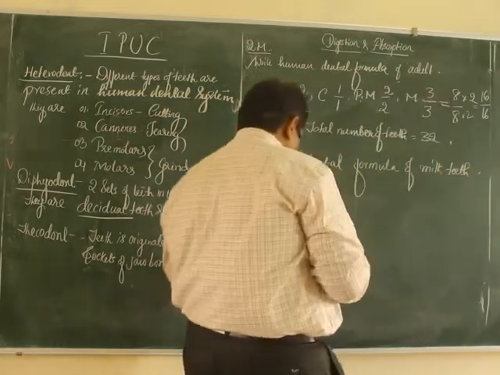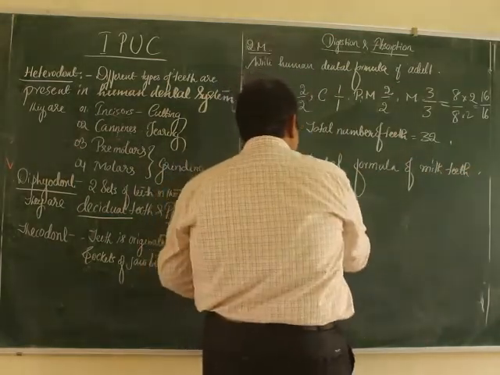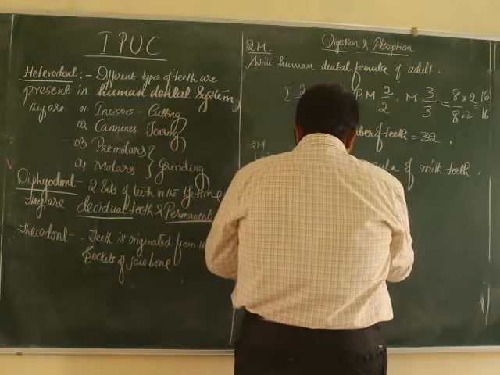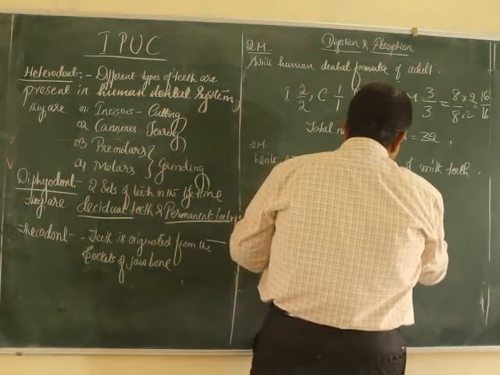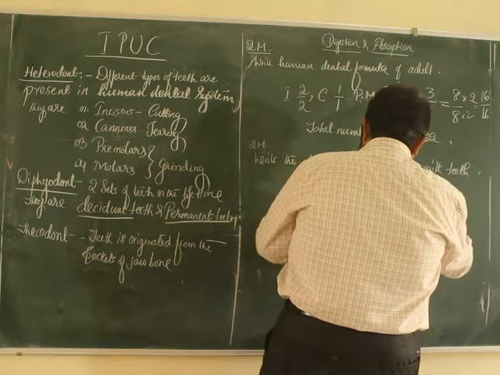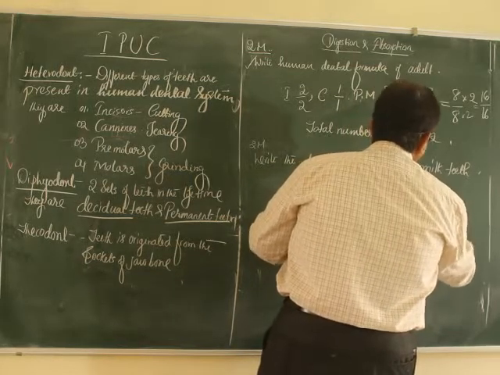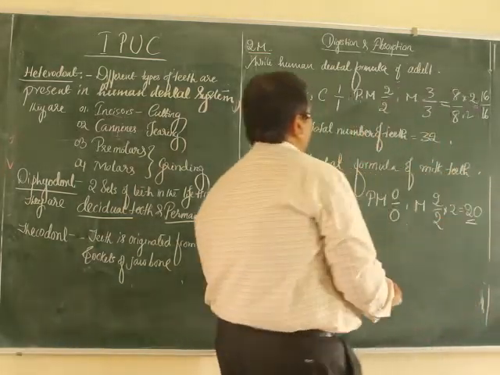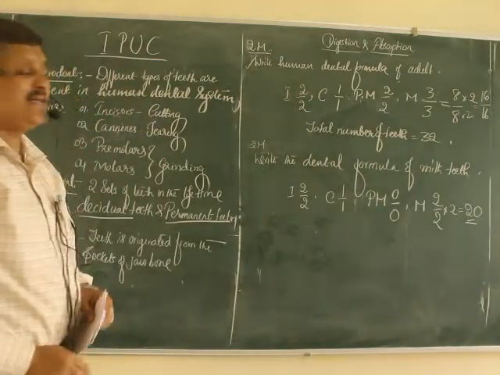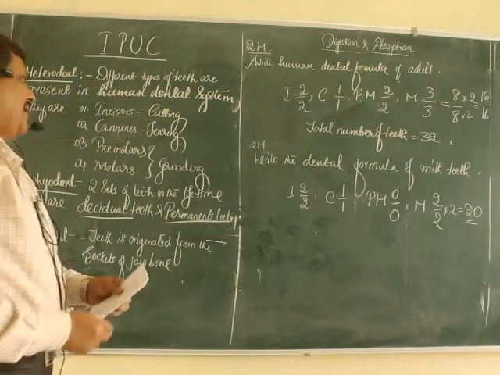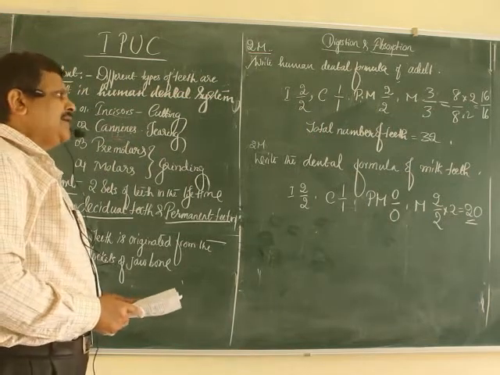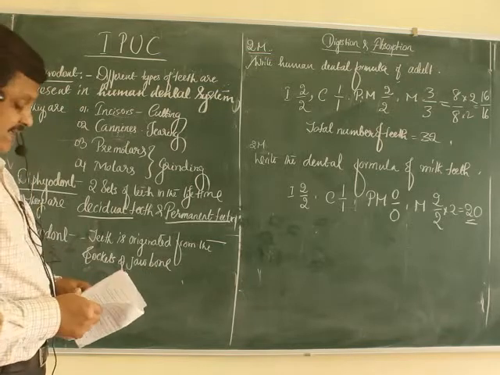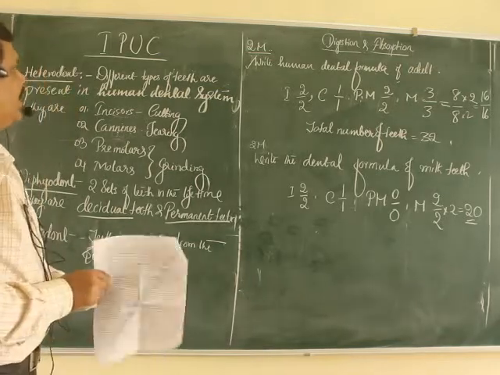Incisors 2 by 2, canines 1 by 1, premolars 0 by 0, molars 2 by 2, into 2, that's equal to 20. Which is absent there? Premolar is absent in milk teeth.